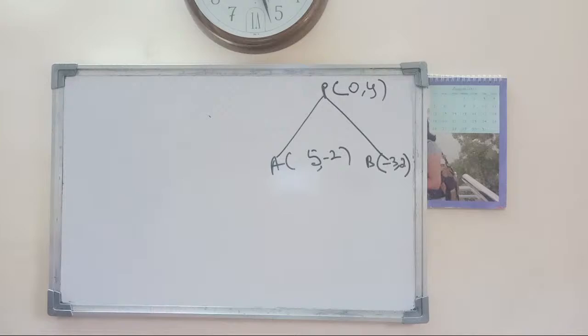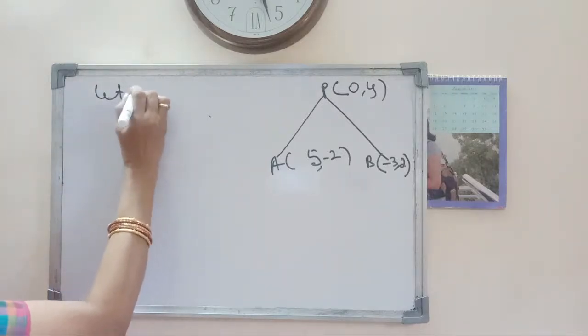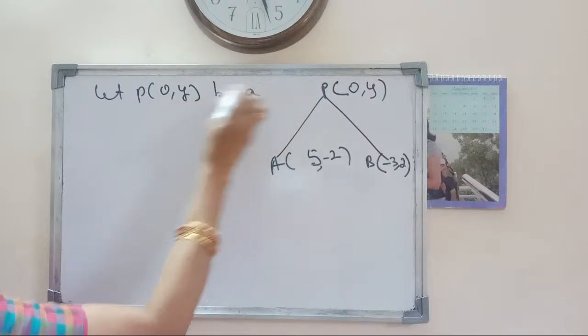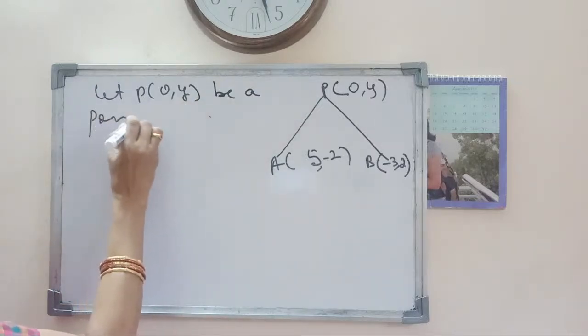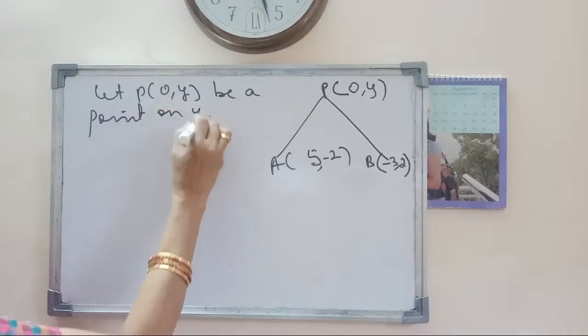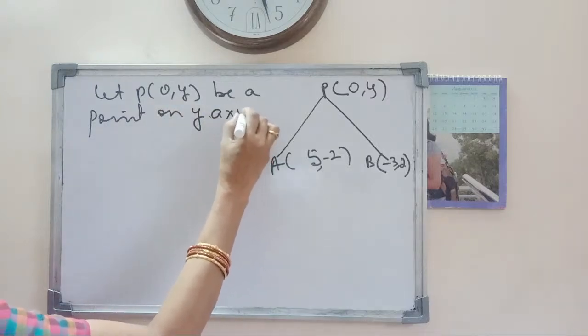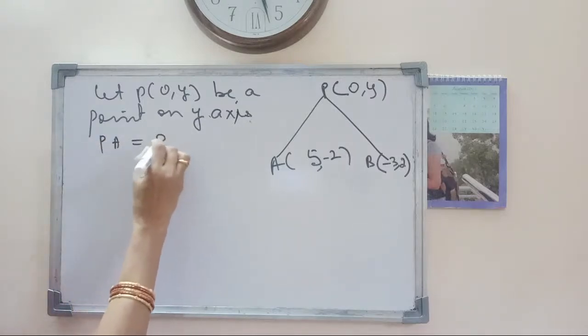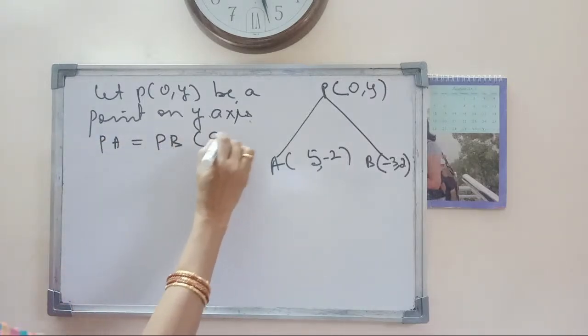So now we have the condition. Let P (0, y) be a point on the y-axis. PA equals PB, it is given.